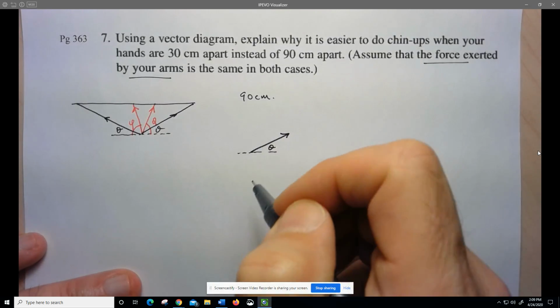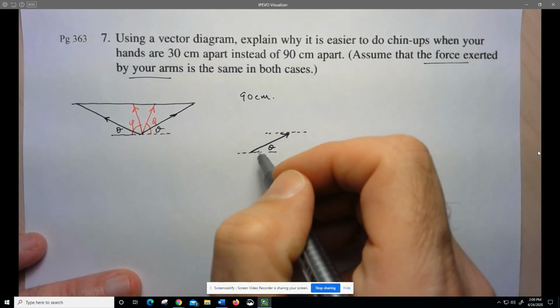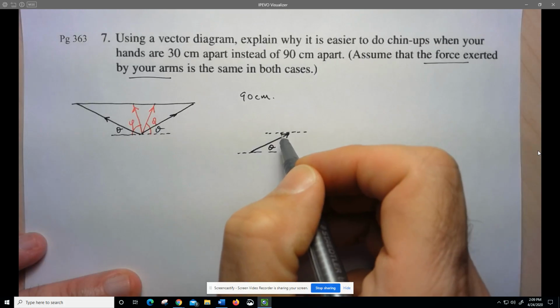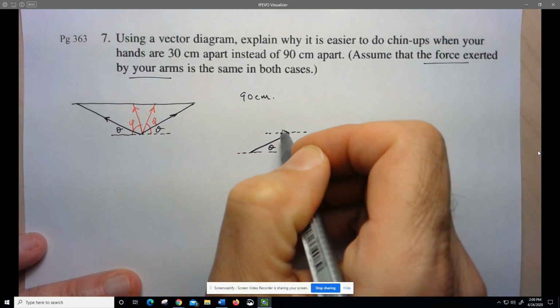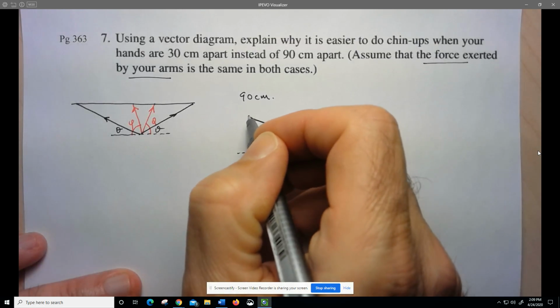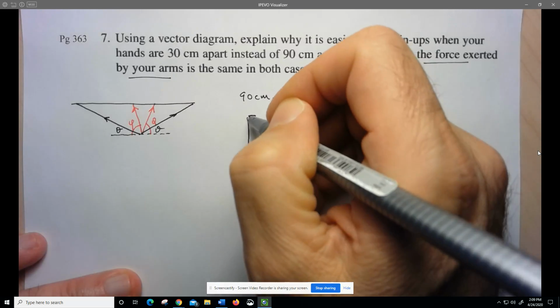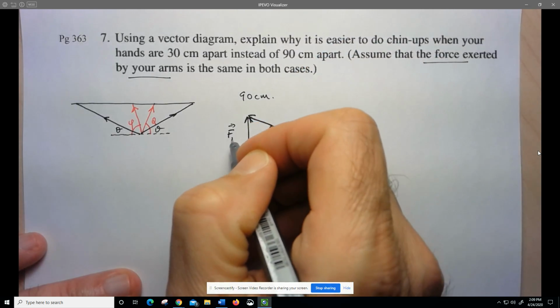And then I've got theta, and here I'm going to draw a second vector, which is going to be the exact same length, except now it's going to be theta degrees from the other horizontal. Okay, so there we go. There's my theta, and there is the vector produced. So this is the resultant force.